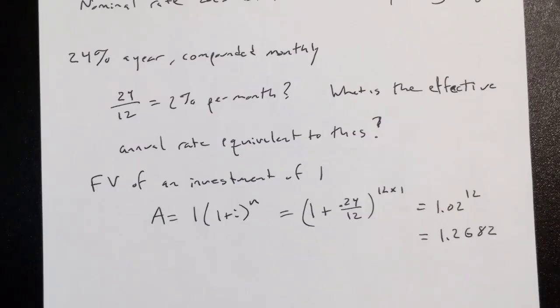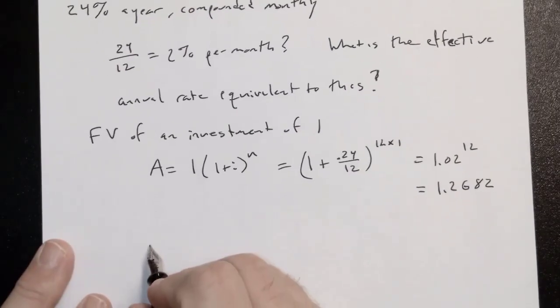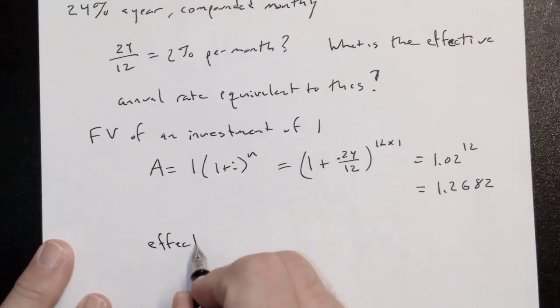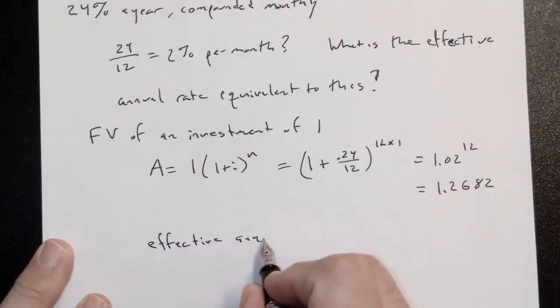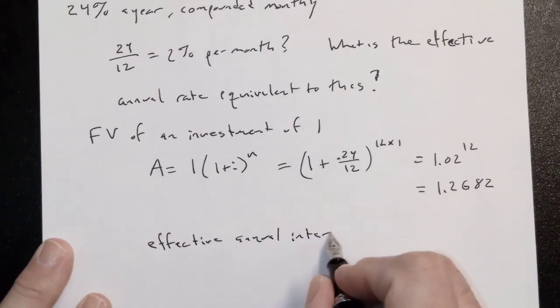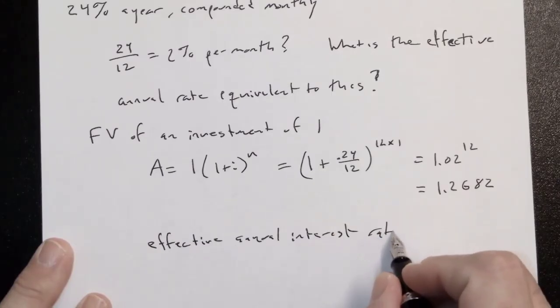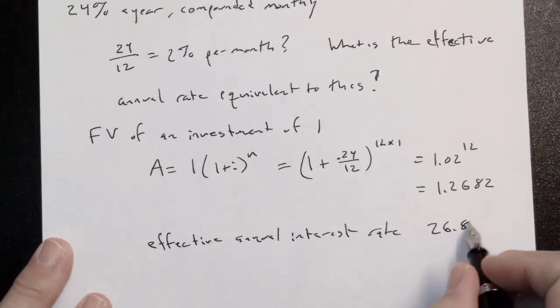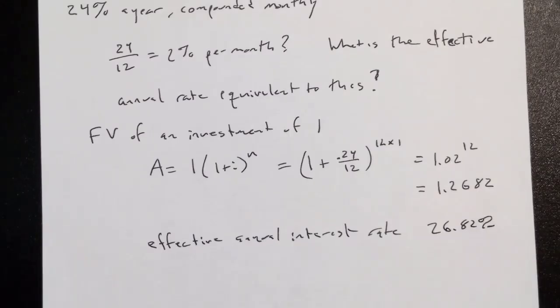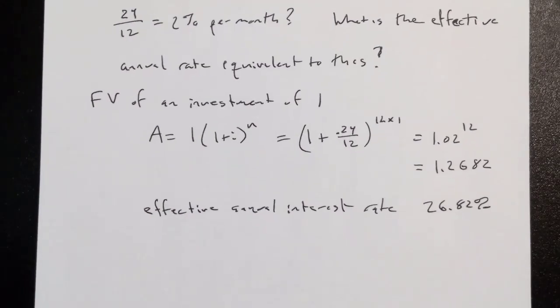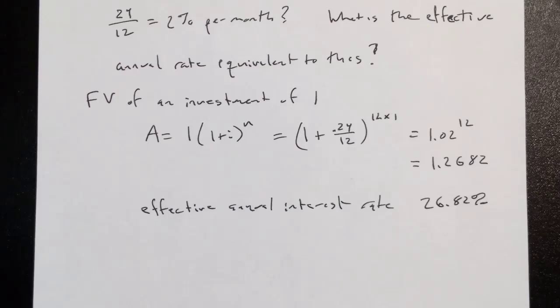That's the increase I earned due to interest. So my effective annual interest rate is really 26.82%. In spite of me saying it was 24%, it's really something higher. Because compounding frequency matters.